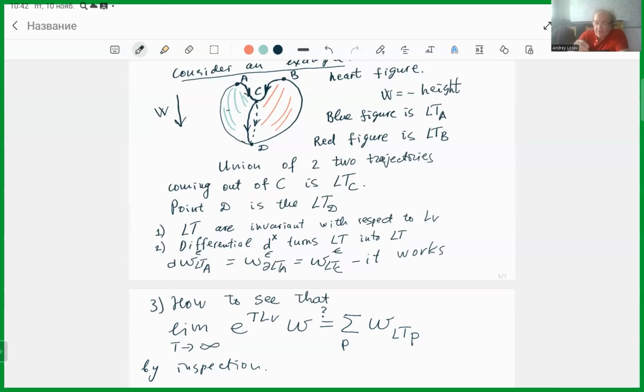Take a curve that goes like this and like this. Okay. So you may ask, where does it flow?